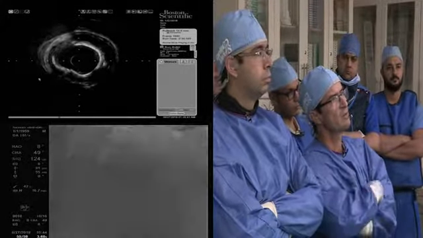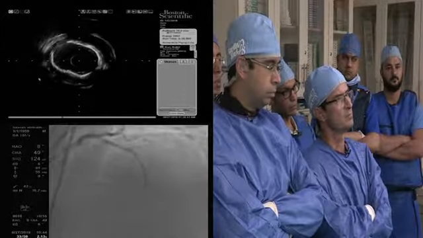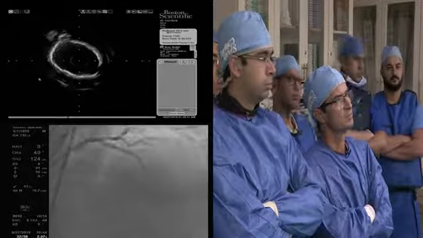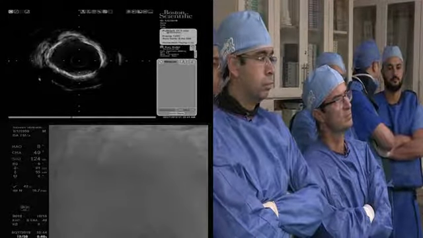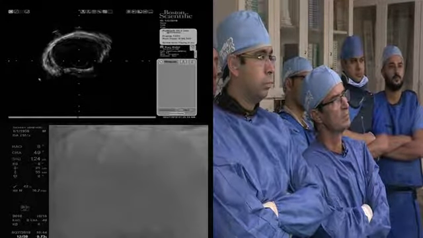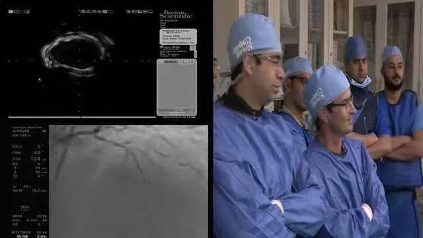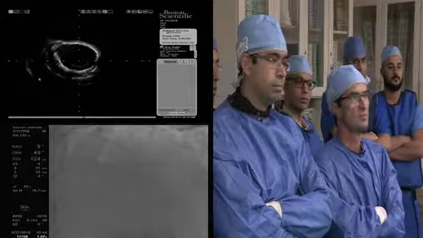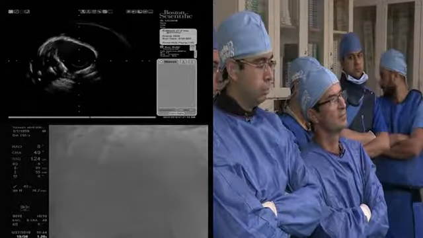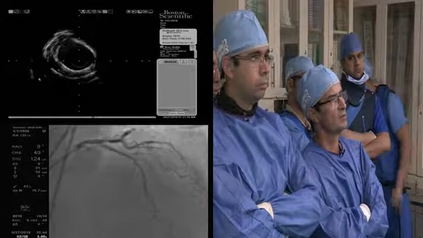Would you do direct stenting, or no balloon? Zero balloon.